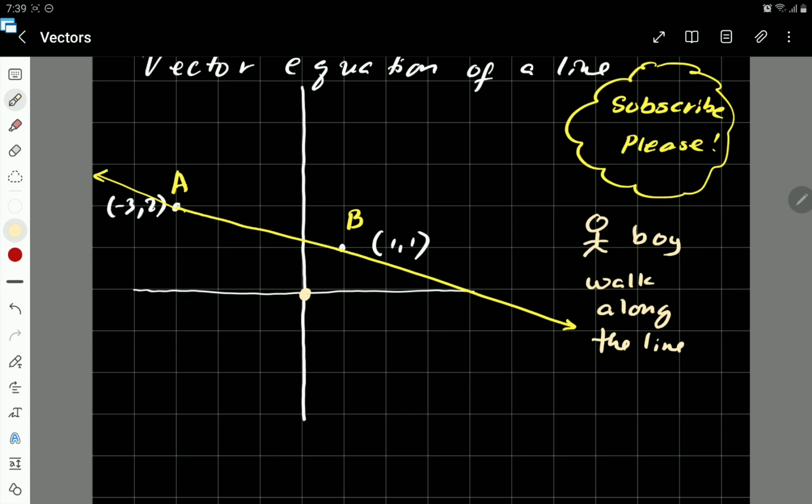He is coming from the origin, from here. So you are giving him an instruction on how he can go to that line.